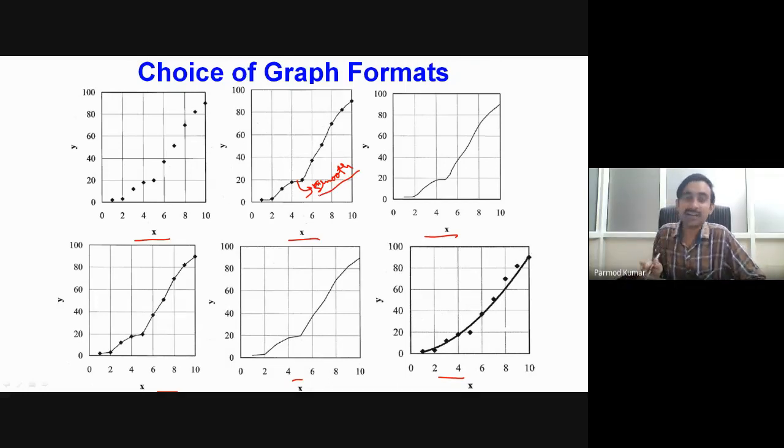In the third case, we have not plotted our observations, only the smoothly fitted line. Then in the fourth case, we have our experimental observations, and between two experimental observations we have fitted a linear line.